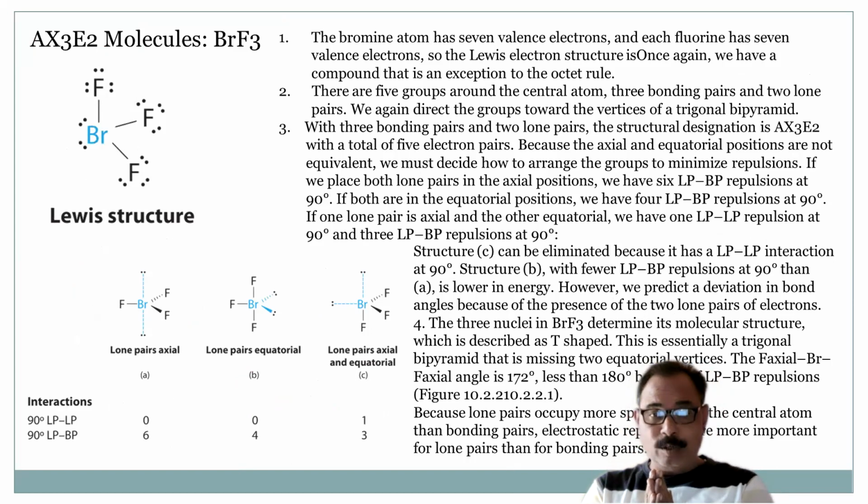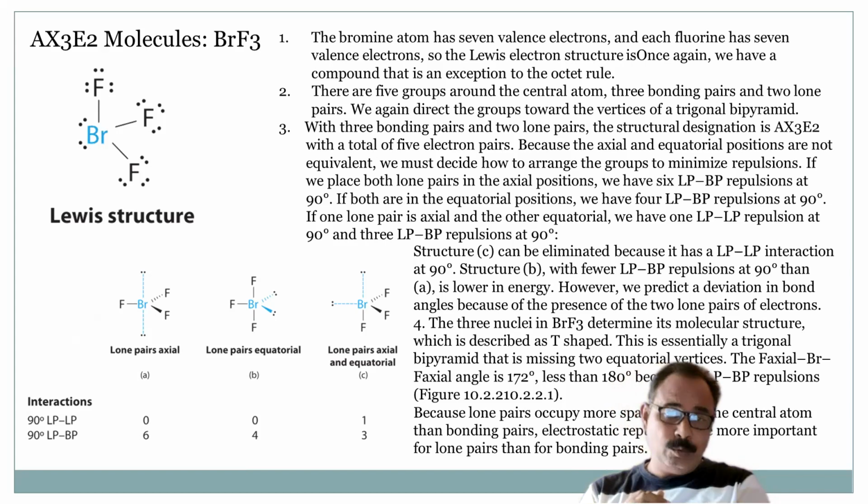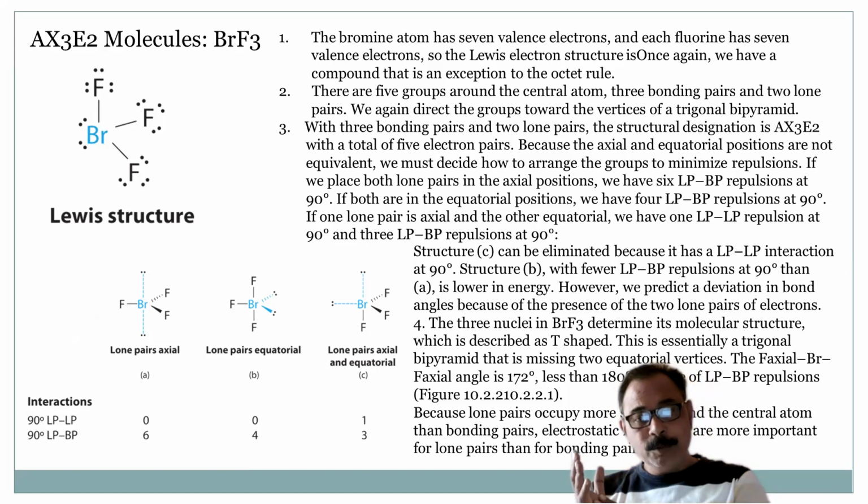So once again, we have a compound that is an exception to the octet rule. There are 5 groups around the central atom, 3 bonding pairs and 2 lone pairs. We again direct the groups towards the vertices of a trigonal bipyramid.